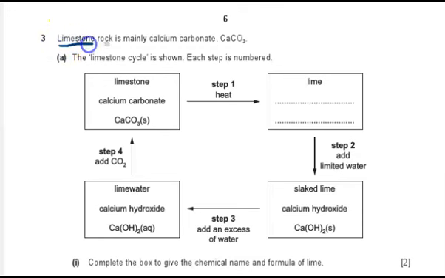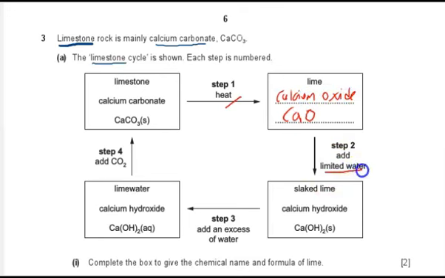Limestone rock is mainly calcium carbonate. The limestone cycle is shown. Each step is numbered. Limestone, calcium carbonate. Step 1, heat. So if you heat it up, you'll be getting calcium oxide.